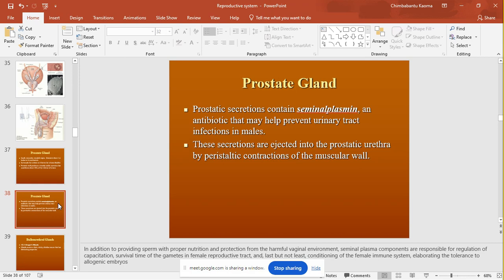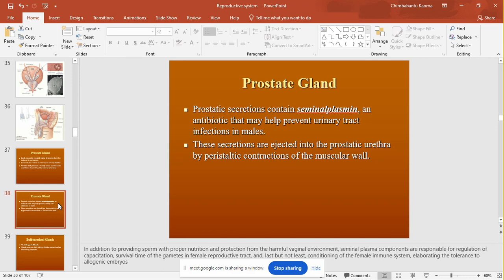And we did say that it is acidic, but the secretion is important in the fact that it contains seminal plasma proteins or seminal plasmin. These seminal plasmin possess antibacterial properties. Now, these antibacterial properties are important in males to prevent urinary tract infections.